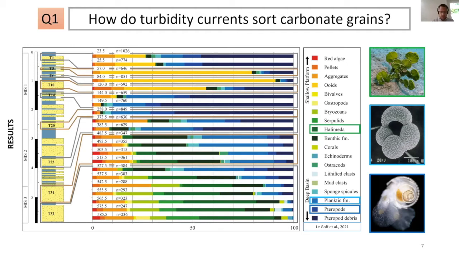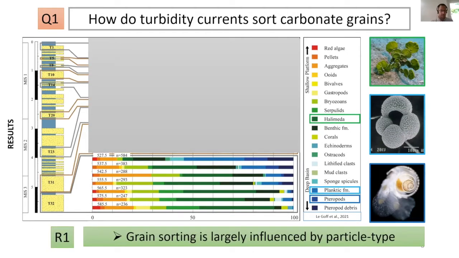That's quite busy, so I will focus only on one turbidite, that's T32. You have different types of grains. Basically in blue, I represented the pelagic fraction that's made up of pteropods, which are pelagic gastropods, and planktonic foraminifera.